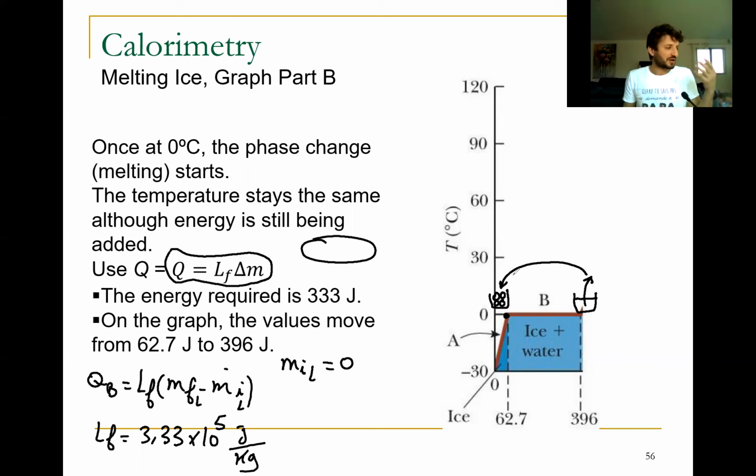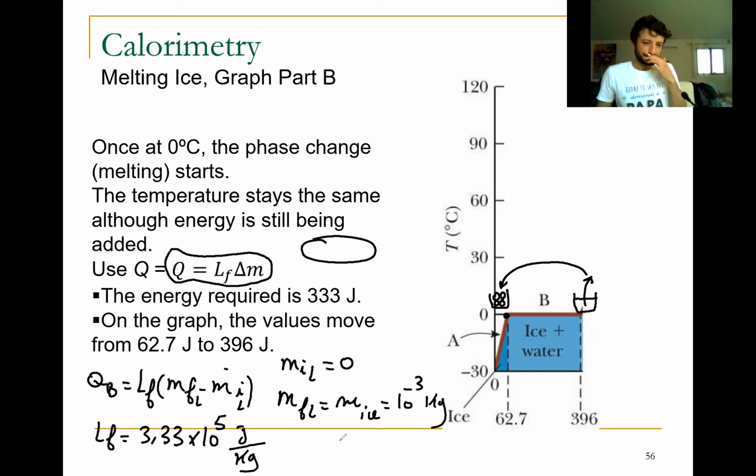If all the quantity is converted to liquid, so the mass of the liquid must be equal to the mass of the solid. So in this case, the mass of the liquid final equals the mass of the ice, okay, equals 10 power minus 3 kilogram.